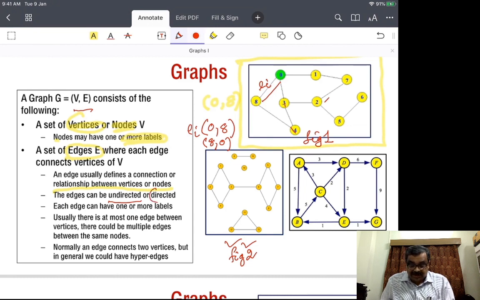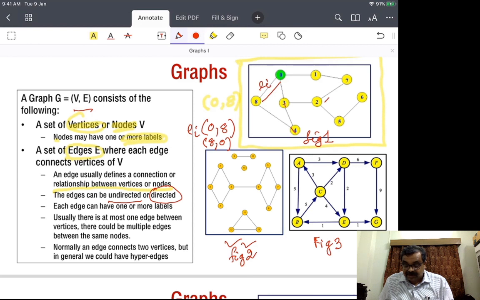On the other hand, a graph is said to be directed if the edge between two nodes has a direction. Consider this example of figure 3. This figure has nodes or vertices A, B, C, D, E, F and G, and it has edges. Each edge has a direction.